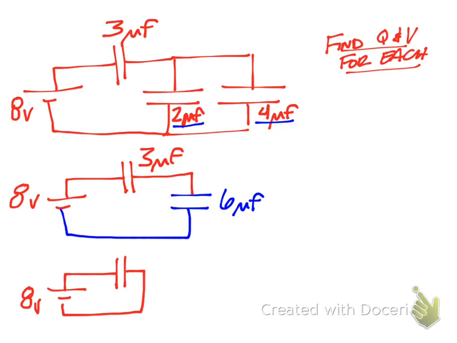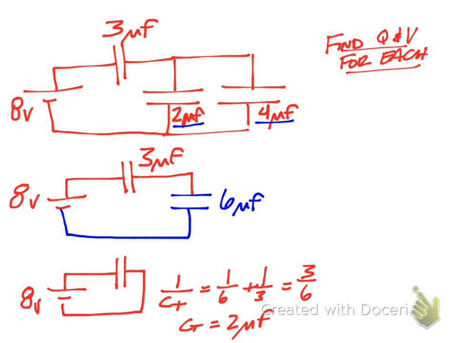To get the total capacitance here, we have to add reciprocally. So 1 over C total is 1 over 6 plus 1 over 3, which is 1/6 plus 2/6. So 1 over C total is 3/6, and that makes the total capacitance 2 microfarads. So 8 volts, 2 microfarads.